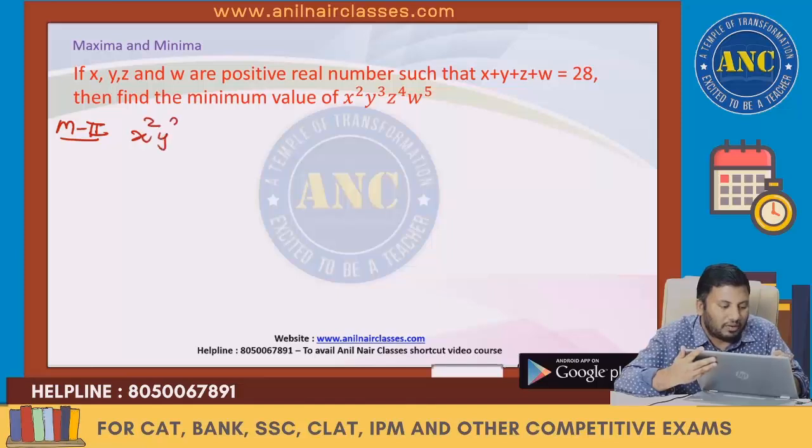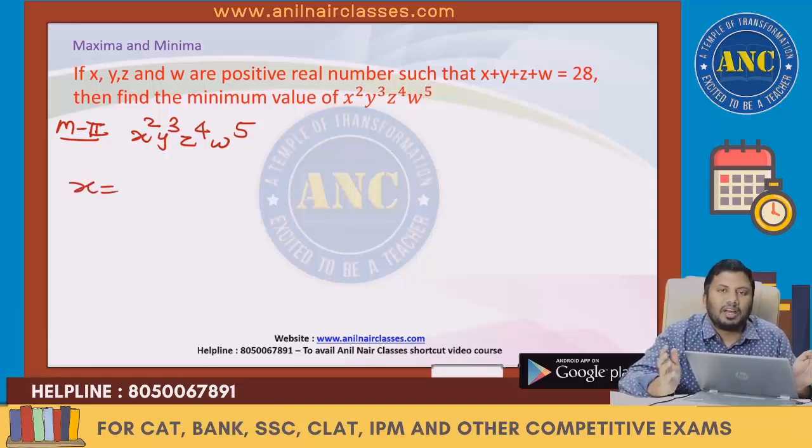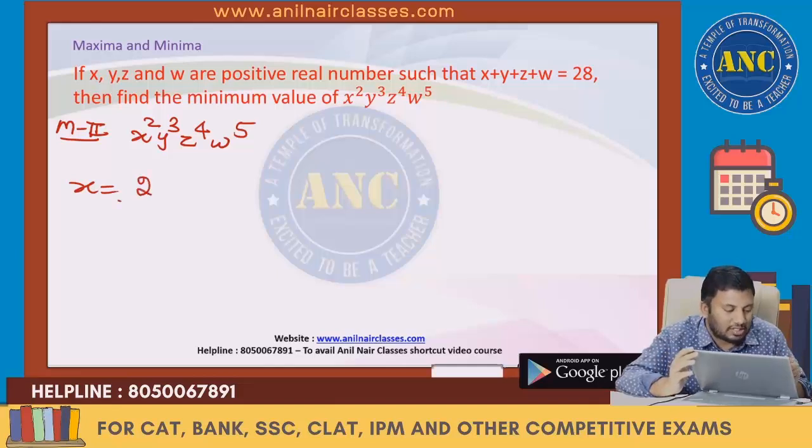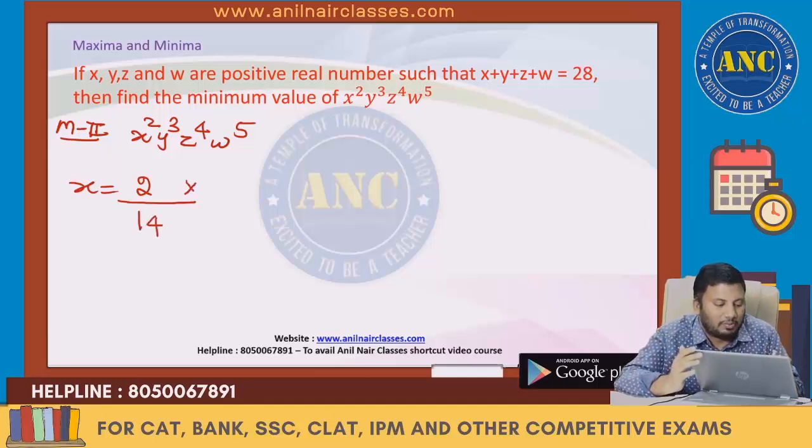X square, y cube, z power 4, w power 5. Assume the powers are chocolates. For x, I have to give 2 chocolates out of 5, 9, 14, so out of 14 chocolates. But actually according to the question there are 28 chocolates. So x is 4.